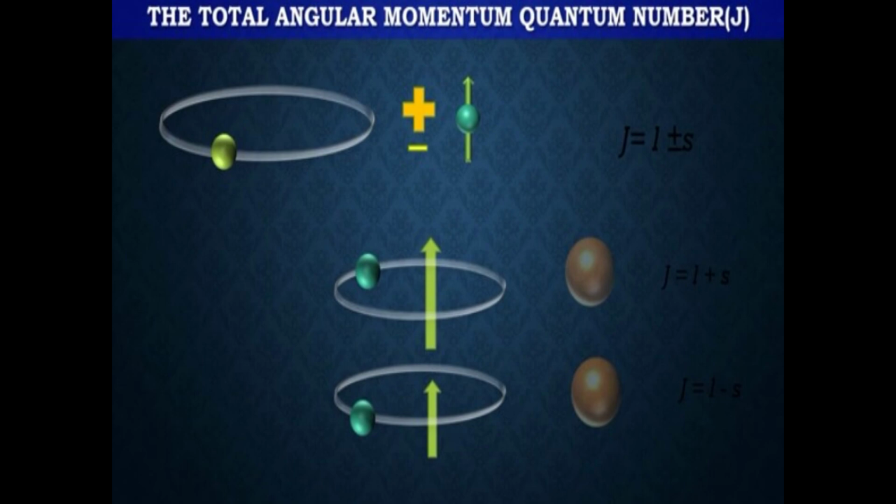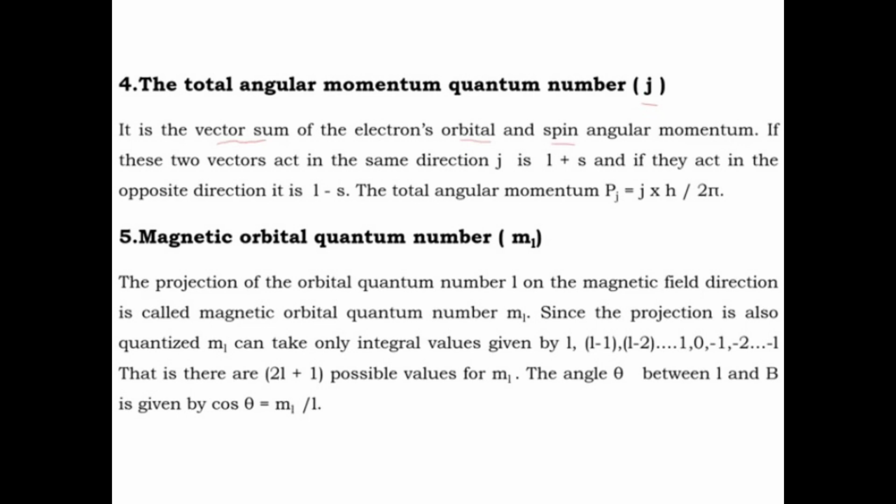Total angular momentum quantum number. It represents the total angular momentum of the electron, which is the sum of the orbital angular momentum and spin angular momentum. The spin angular momentum S is equal to plus or minus half.